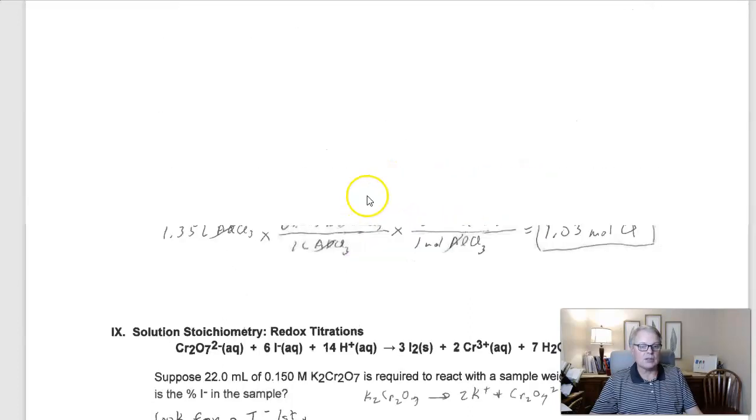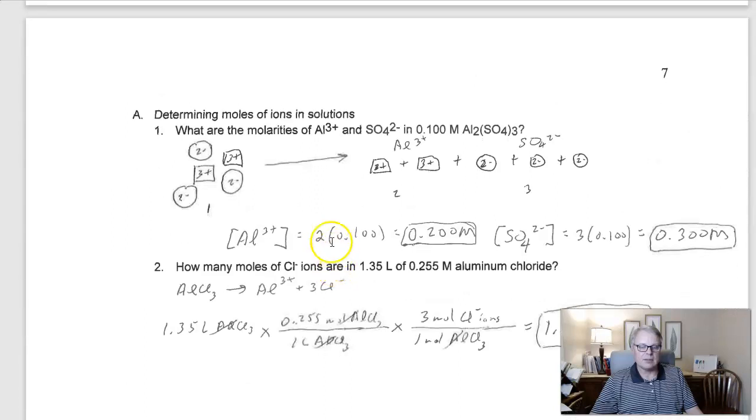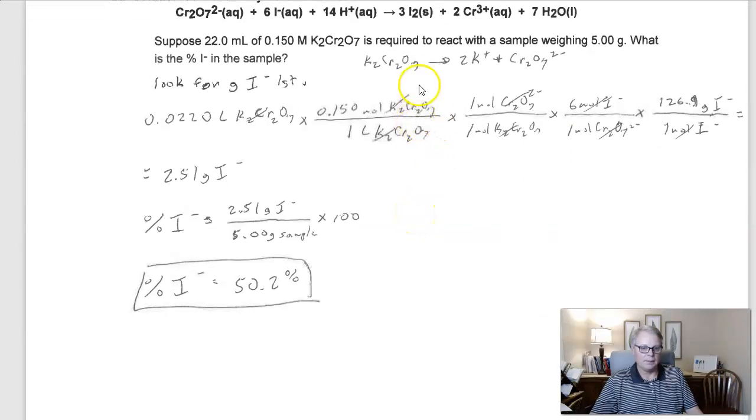Again, very, very much like this problem that we talked about over here that we said conceptually you needed to know. Okay? All right. From this equation, do I know a relationship between potassium dichromate and dichromate? Well, I know for every 1 mole of potassium dichromate, I get what? 1 dichromate. Now I get 2 potassiums, but I don't care.